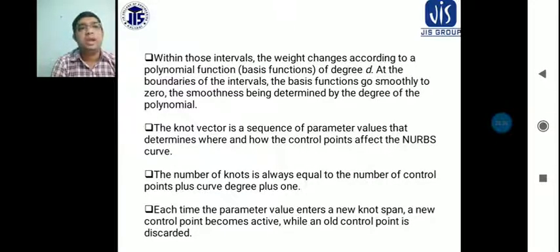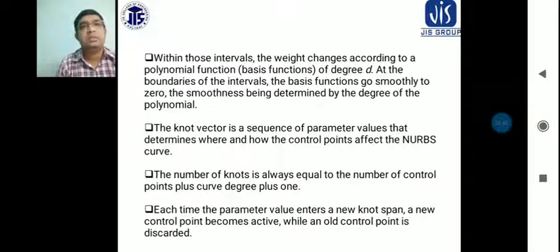At the boundaries of the interval, the basis functions go smoothly to 0, the smoothness being determined by the degree of the polynomial. The knot vector is a sequence of parameter values.